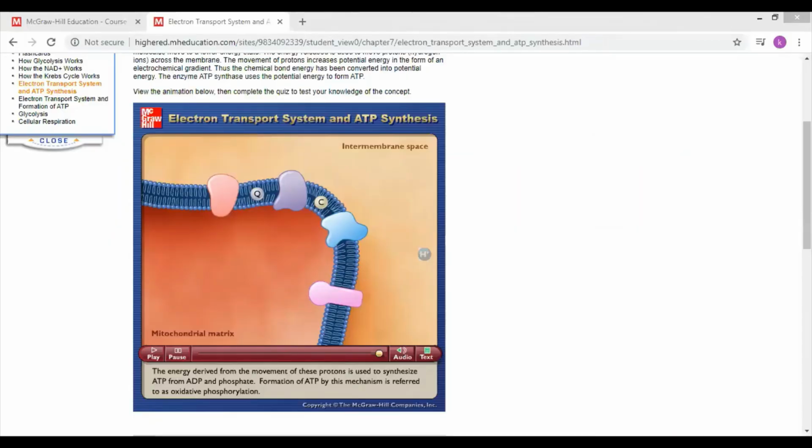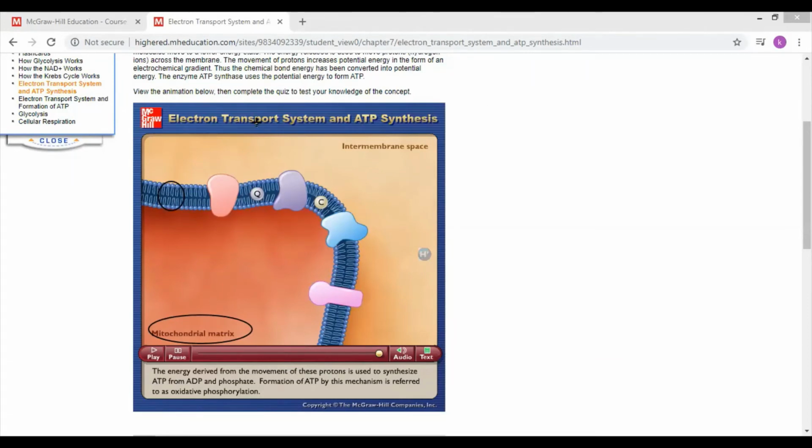Yep, let's start. Just to remind you, electron transport is the last stage of aerobic respiration. It takes place in the inner membrane of the mitochondria. The Krebs cycle takes place in the matrix.